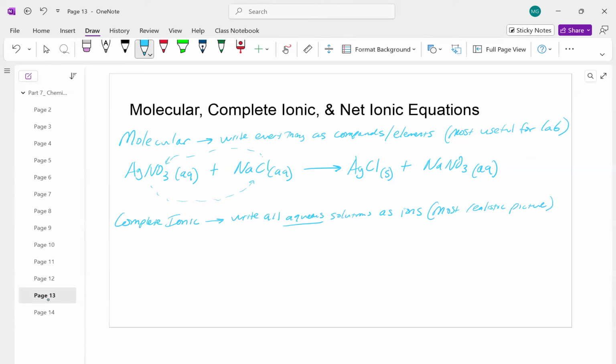So I'm going to rewrite the molecular equation, and wherever I see an aqueous solution, I'm going to split it up into its ions. So that's Ag+ plus NO3-, and I'm still going to say aqueous, because if I have a solution of silver nitrate, that's what's in the solution: silver ions and nitrate ions. And then I'll have sodium cations in this solution and chloride ions as well.